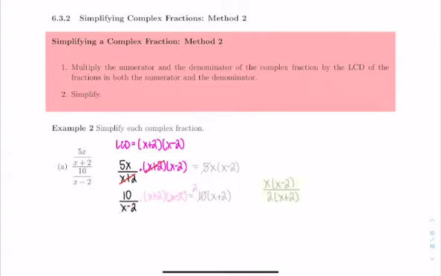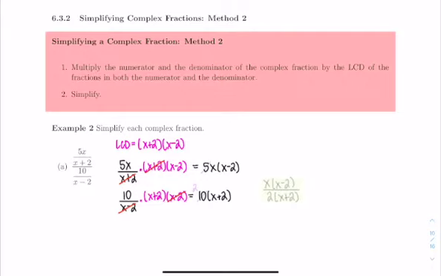And we multiply by the LCD. And so what ends up canceling here is the x minus 2. So on top, we have 5x times x minus 2. And on bottom, we have 10 times x plus 2.